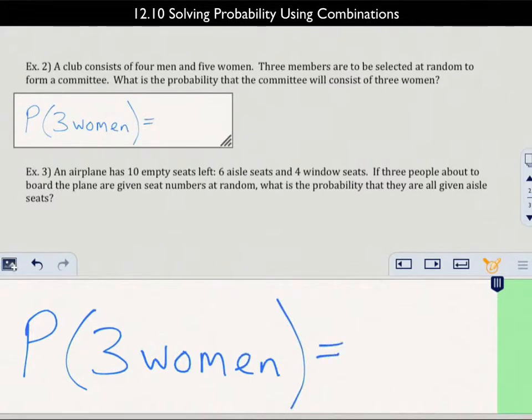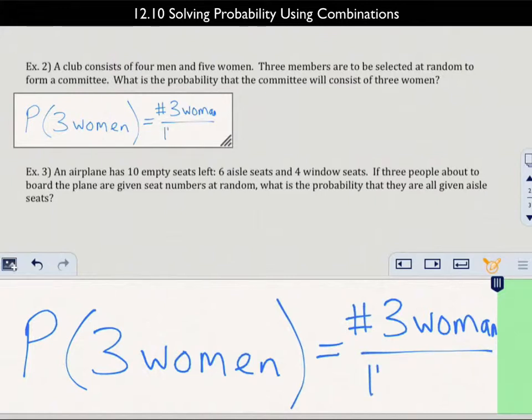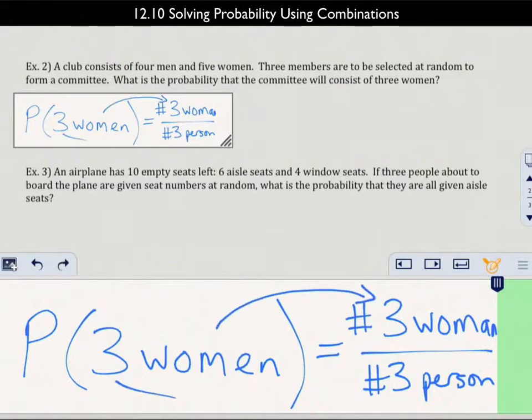What we want to do is get the number of 3-women committees over the number of 3-person committees. Notice here that the women is specific to the event, and the 3 is just in general to anybody.